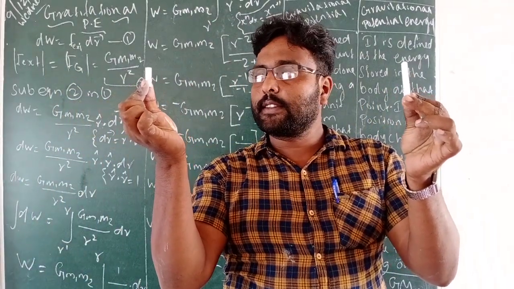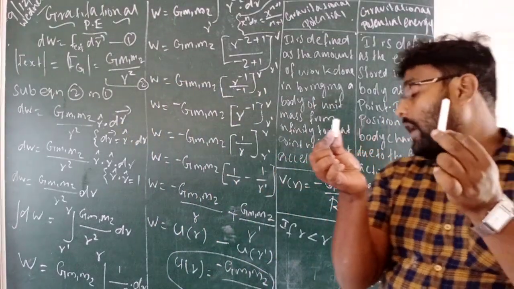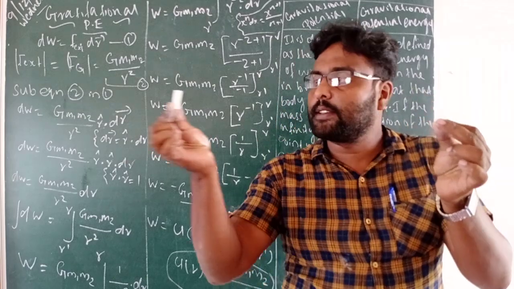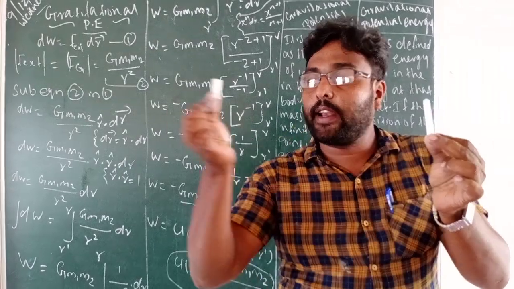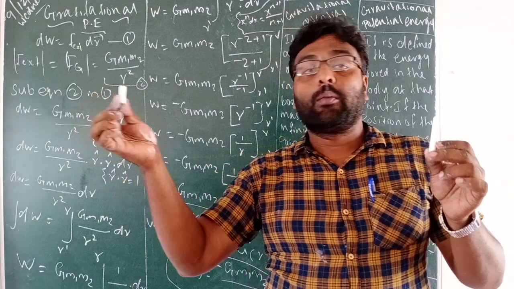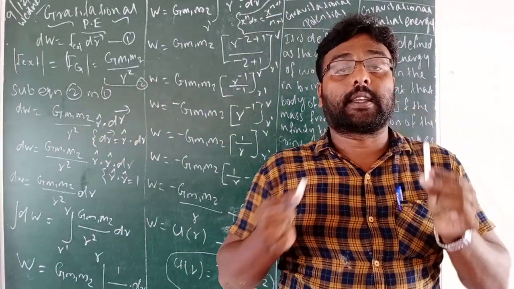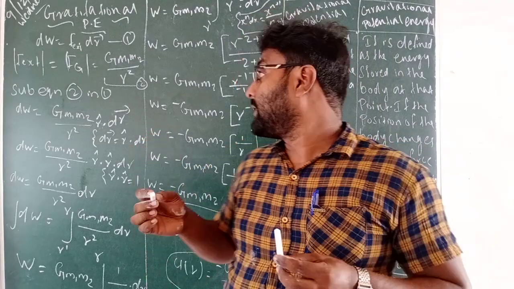This distance, sorry, this is the distance R, and this is the distance R dash. So this distance R is less than R dash means this mass M2 is attracted by M1. That is the first case, R is less than R dash.